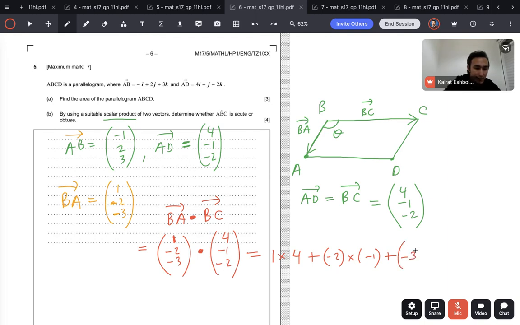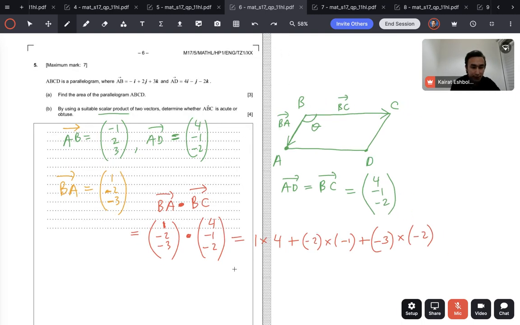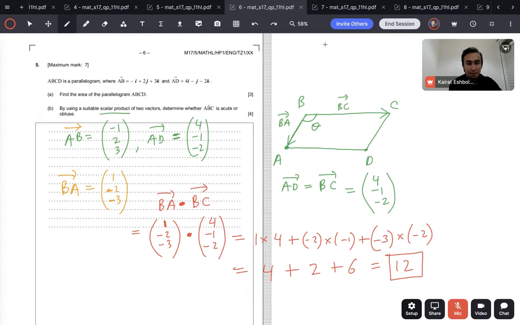We don't need to do all the crossing and subtracting like we did in part A. So 4, plus 2, plus 6, is equal to 12. But that's the dot product. It doesn't give the answer yet.